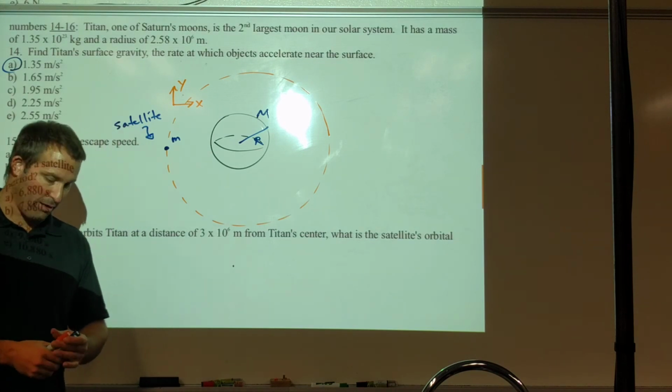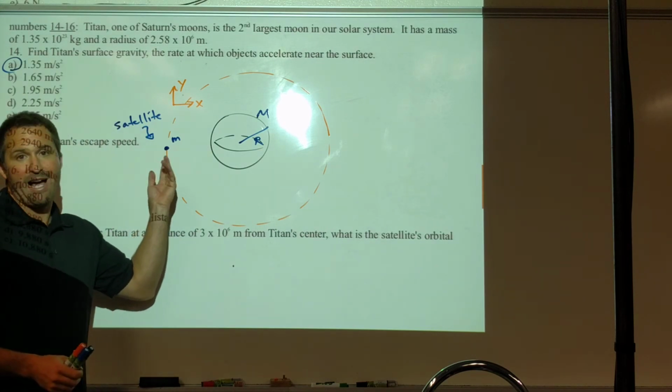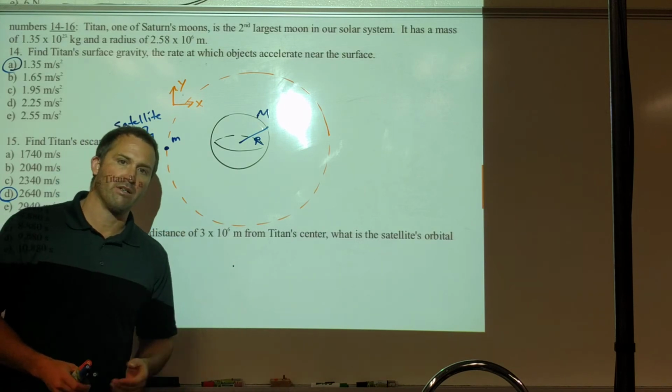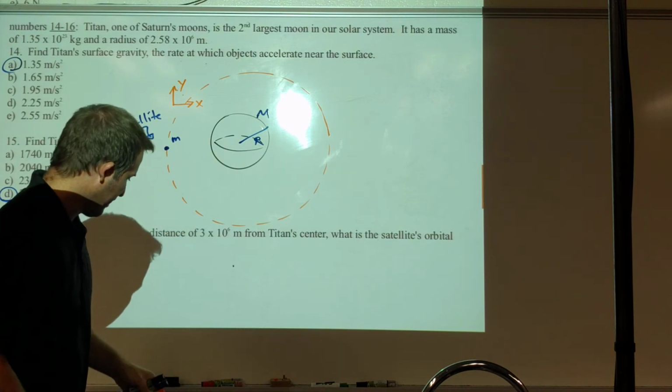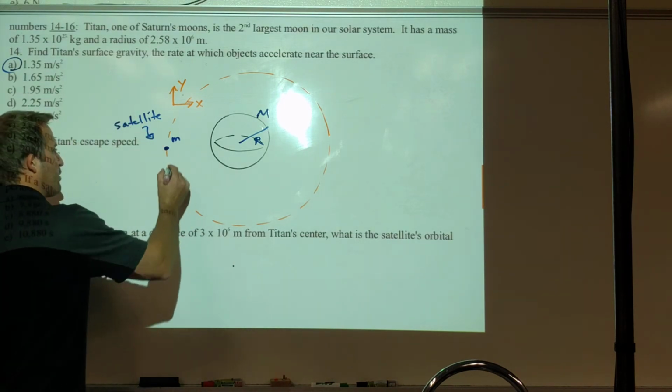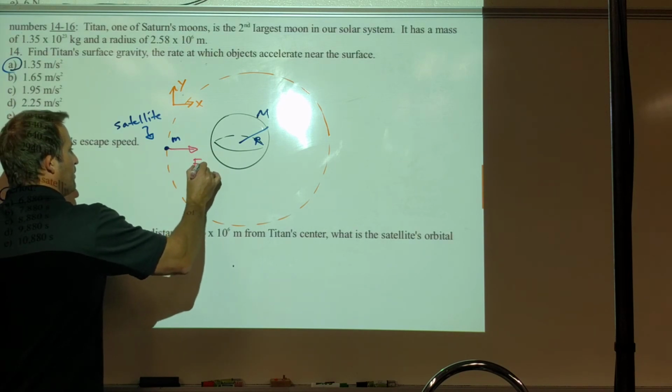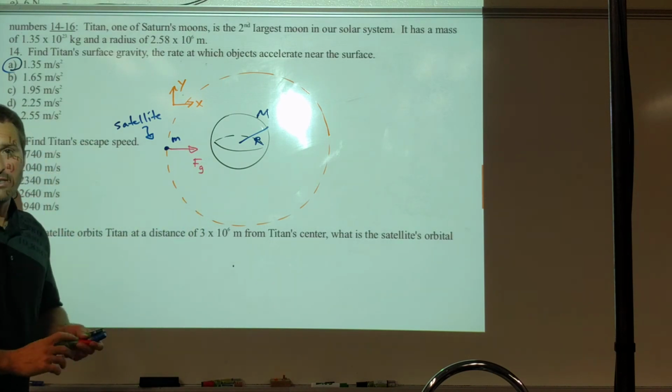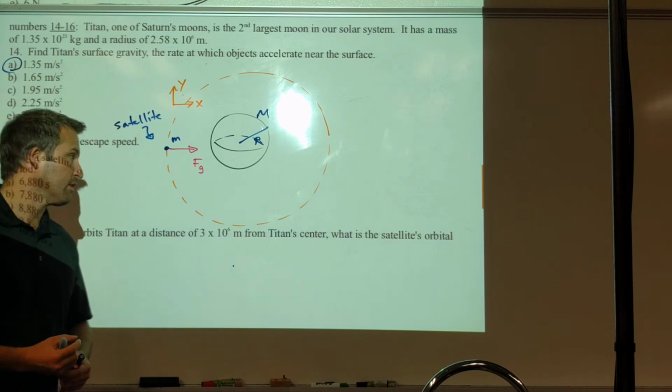Now let's think about what forces we have acting on our satellite. Actually, there's only one force we're considering: the force of gravity acting on the satellite. It's attracted to Titan. That's the only force. We're ready to apply Newton's second law in the x direction.